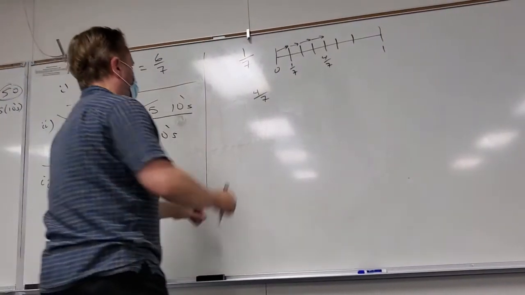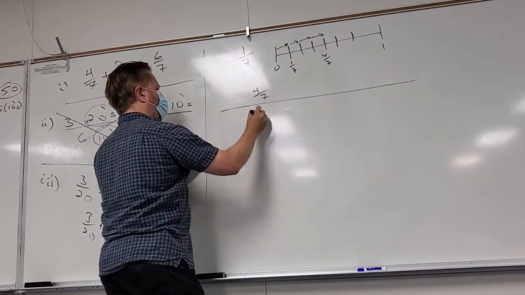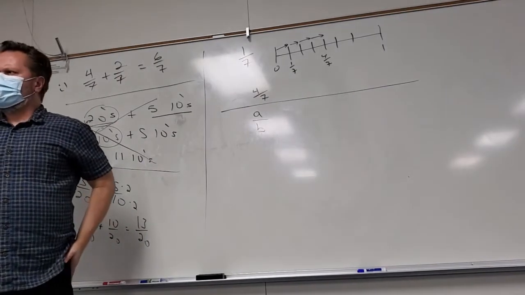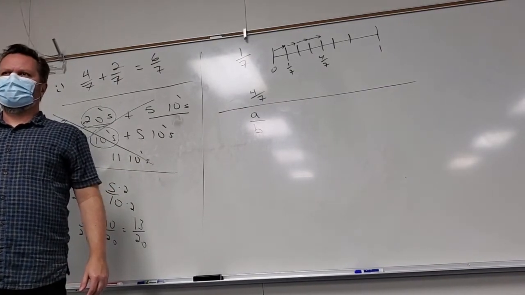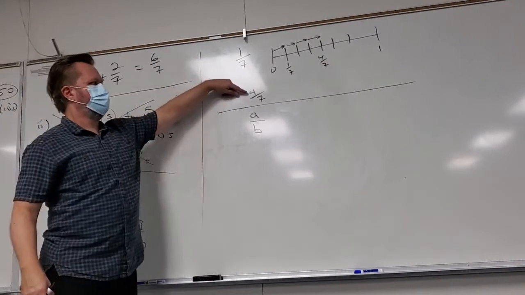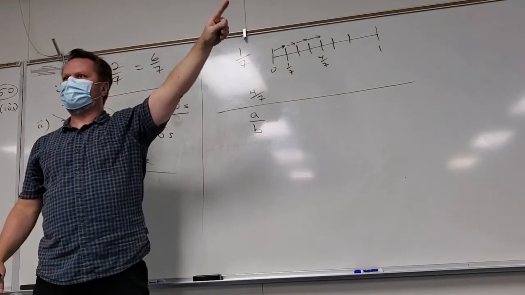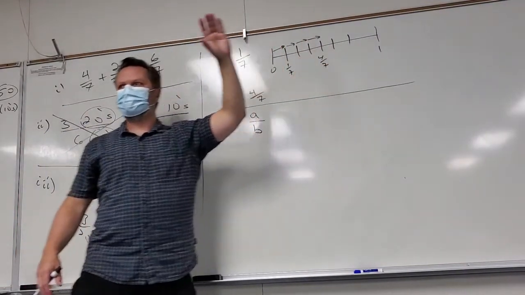So what would this mean? Same way. What would that mean? Same way. So what does 4/7 mean? It means 4 steps of 1/7 each, right? So you end up 4/7 of the way to 1.